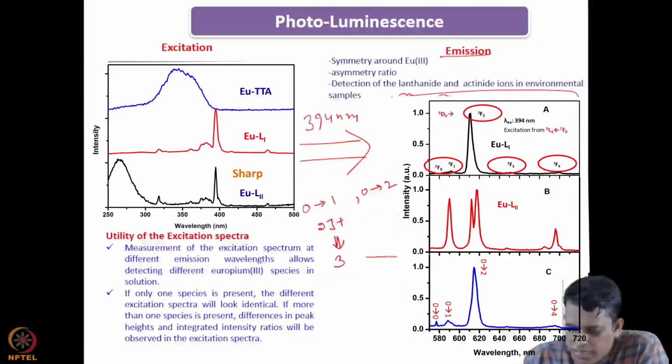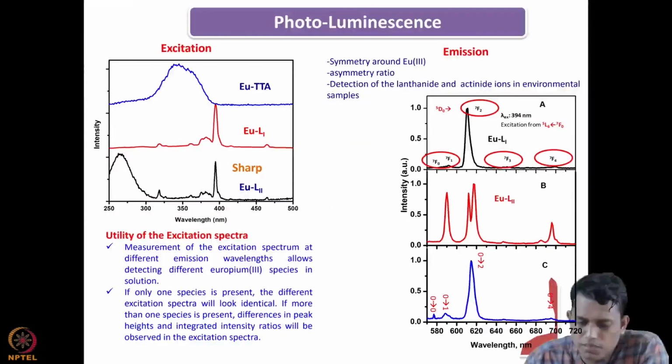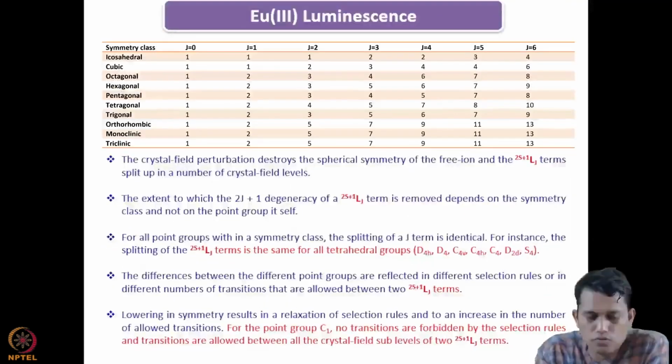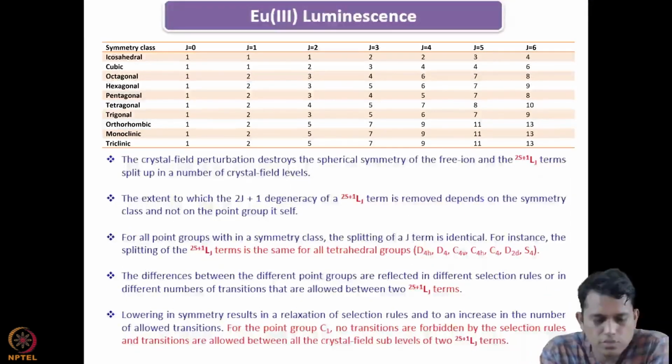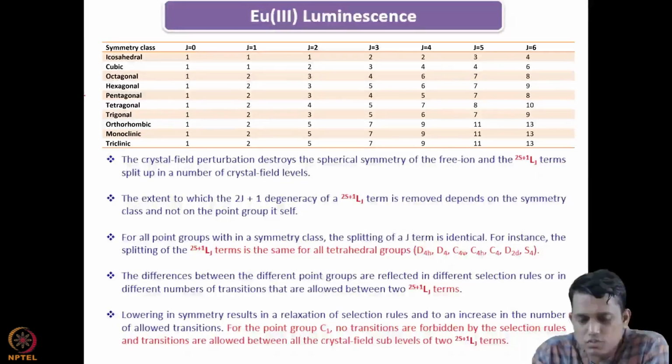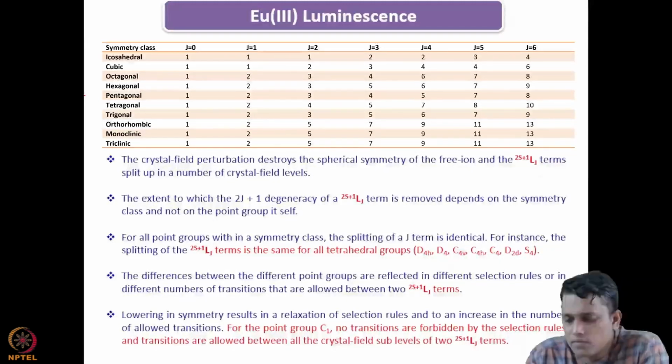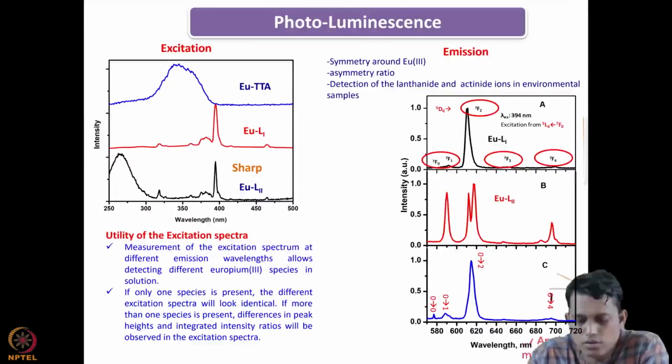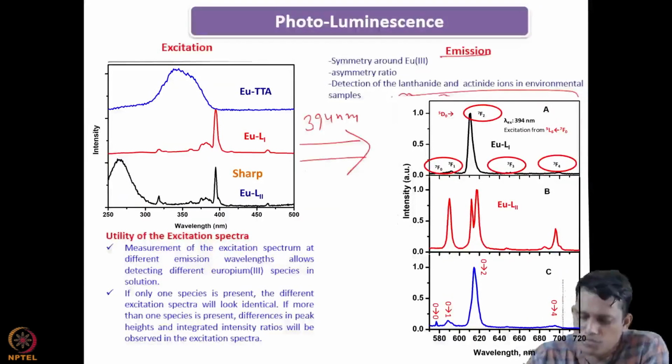So we can get information about the symmetry class if you know the splitting of all the lines, and then you just have to see the table. Suppose you have some system with hexagonal symmetry: the first should be 1, the second should be split into 2, the third should be 3. If the splitting pattern matches with this table, then you can safely say that the symmetry around my europium ion in this particular complex is hexagonal. So you can get that information also from this.